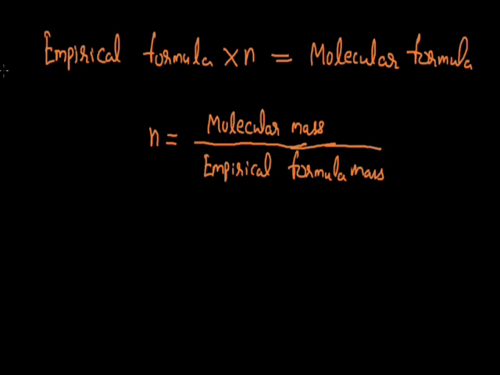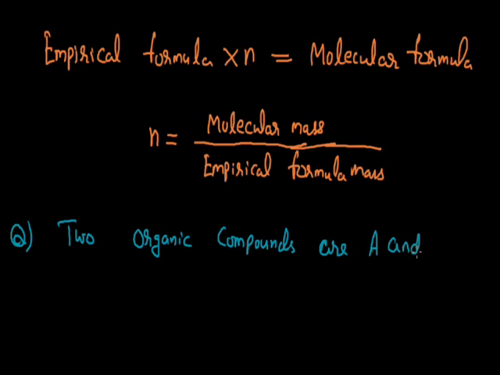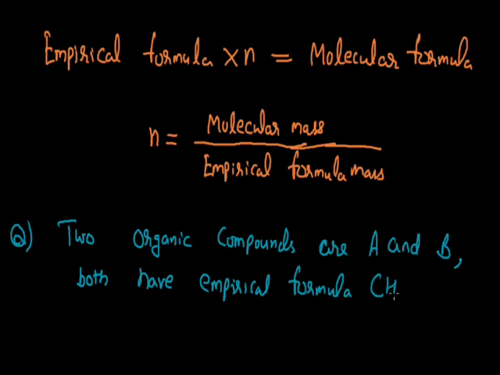Now for practice we will be doing a question based on this empirical formula and molecular formula relation. Here two organic compounds are provided to us, and the denotation for these compounds are A and B. The empirical formula for these two is provided, the formula is CH.